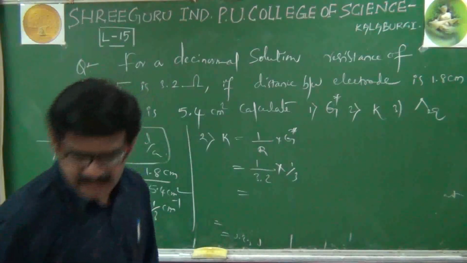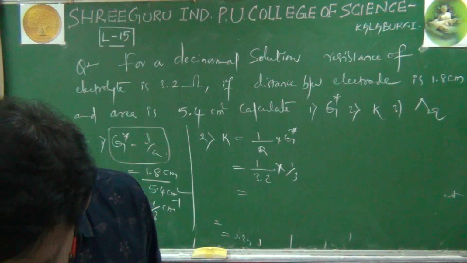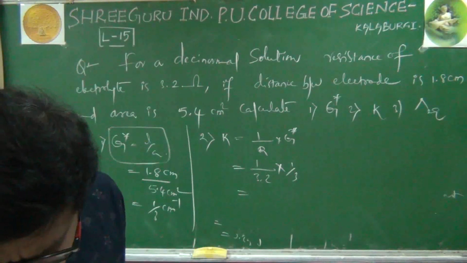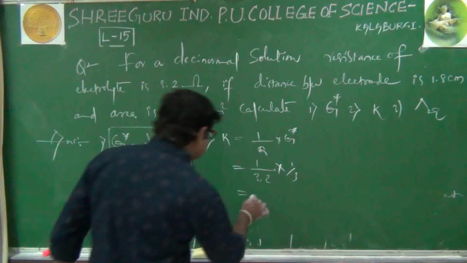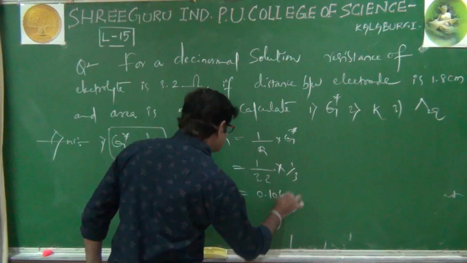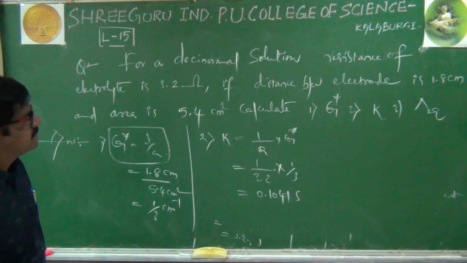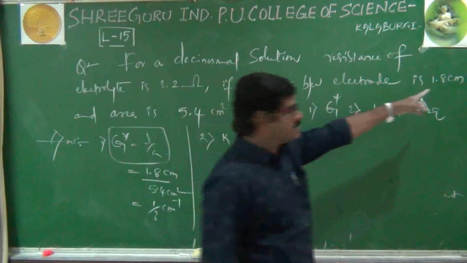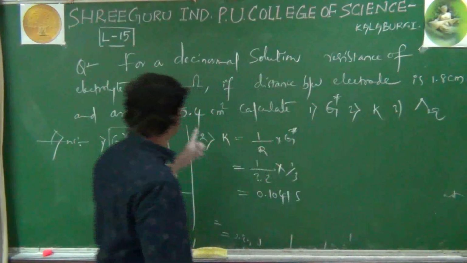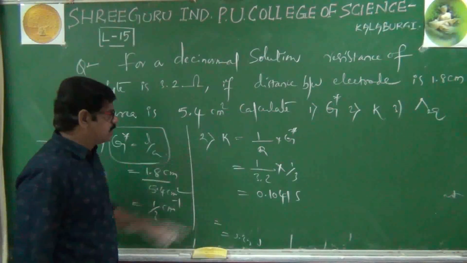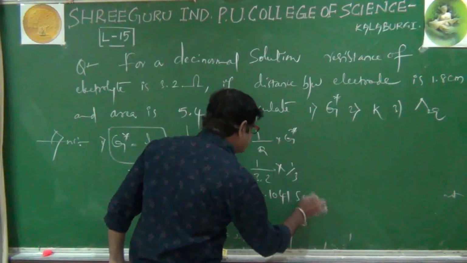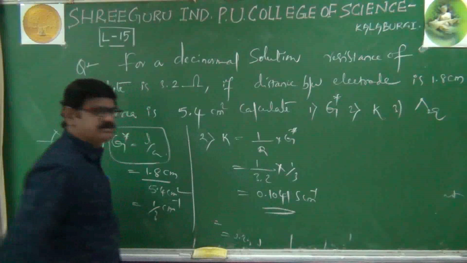If you simplify the value, you will get 0.1041, and its units are Siemens. Length is given in the CGS system, and the area is also given in the CGS system. Therefore, K will be in Siemens per centimeter.